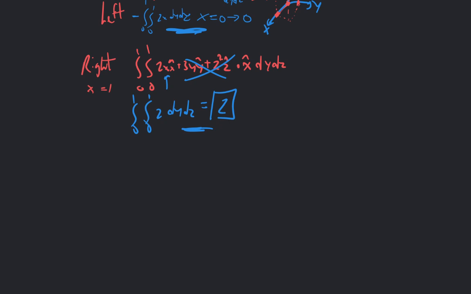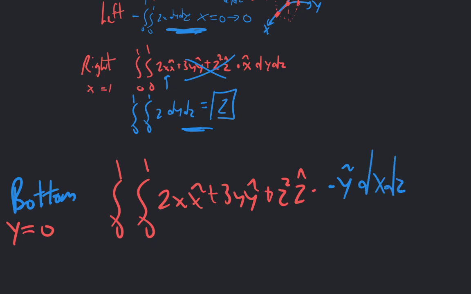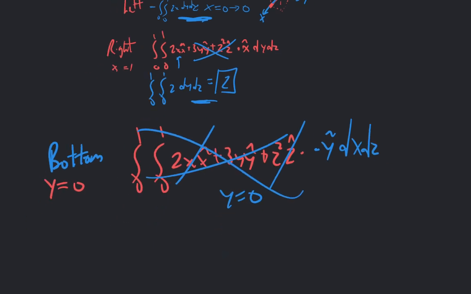So now we do the bottom face. Here y is going to be equal to 0. Same things. And now dS is going to be in the negative y direction, dx dz, and we're left with this. y is equal to 0, so the whole integral is 0.